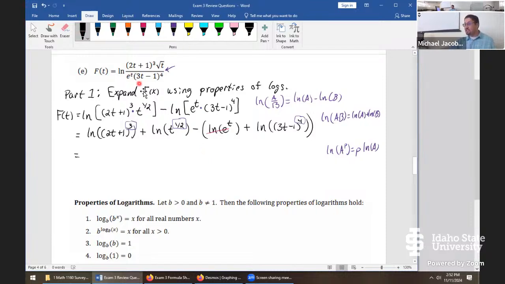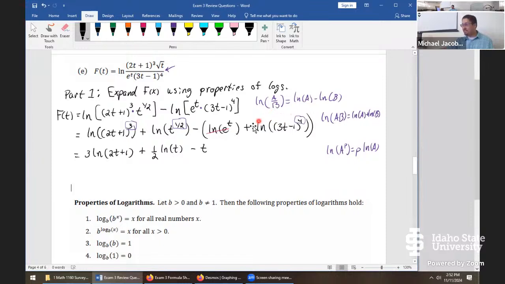So just to reemphasize, not taking this last step makes the derivative in part 2 really, really hard. So definitely try to expand it completely and utterly fully. Power 3 comes down. It's natural log of 2t plus 1 plus a half comes down, natural log t. Over here, we're going to distribute the negative sign and get minus t.